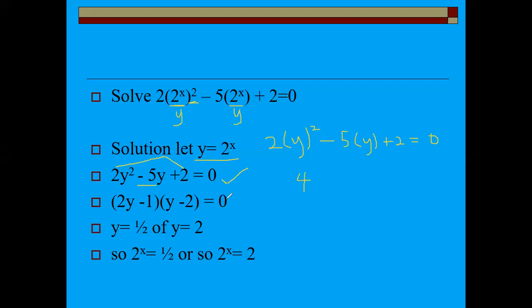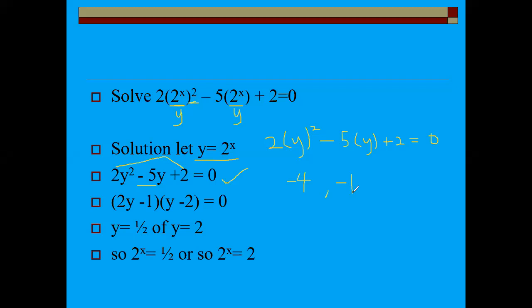So when we factorize, let me check our example first. 4 will give us negative 4 and negative 1.